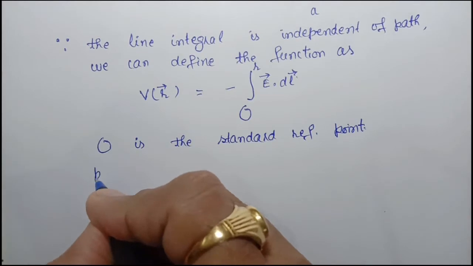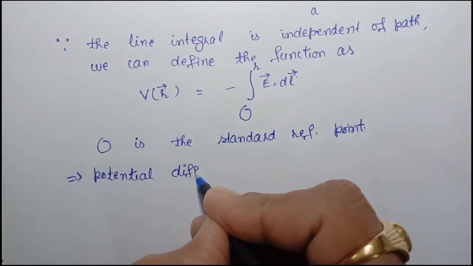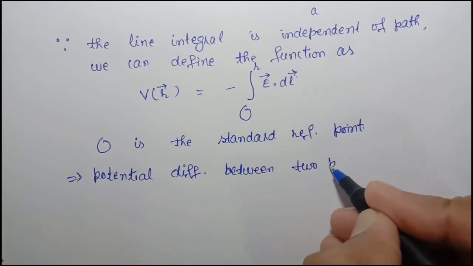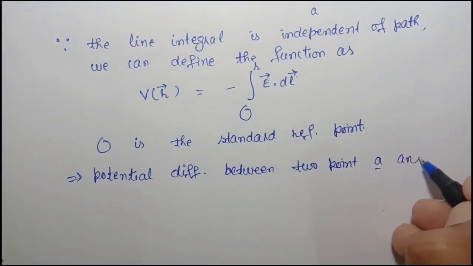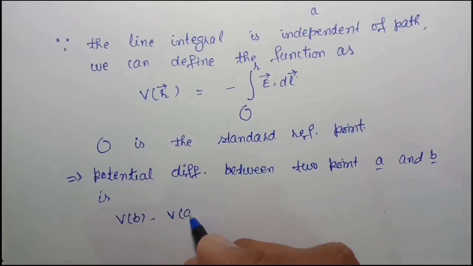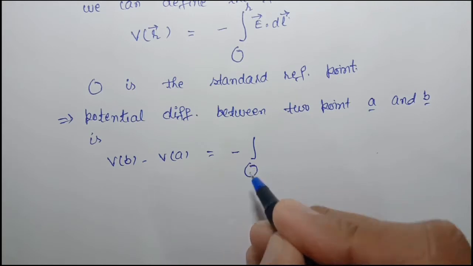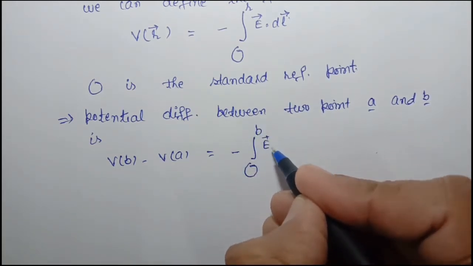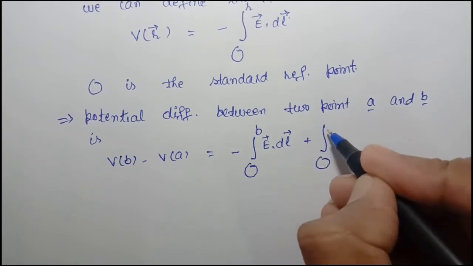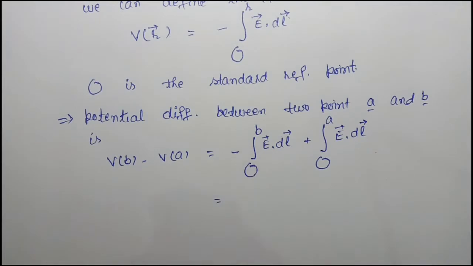So here the potential difference between 2 points A and B is VB minus VA, and this is equal to minus the integral from reference point O to B of E dot dl plus the integral from reference point O to A of E dot dl.